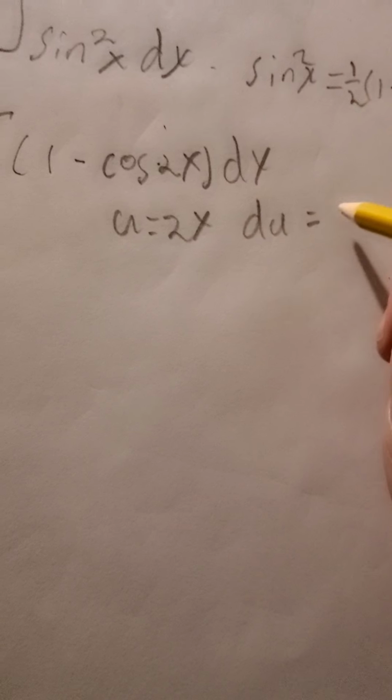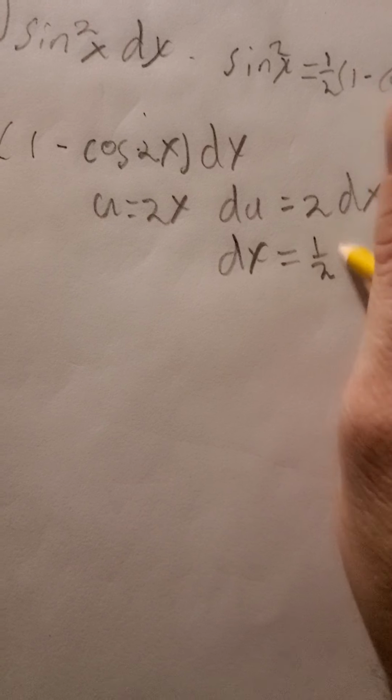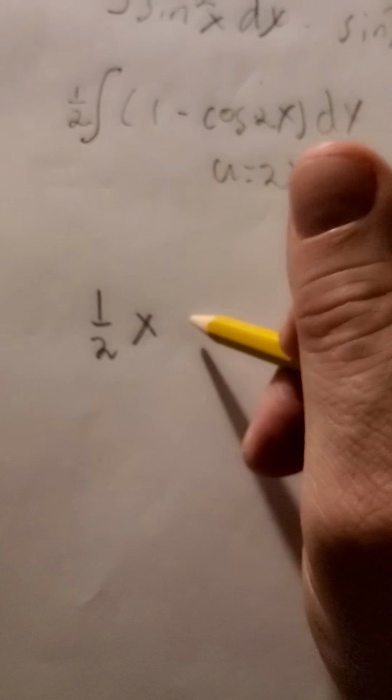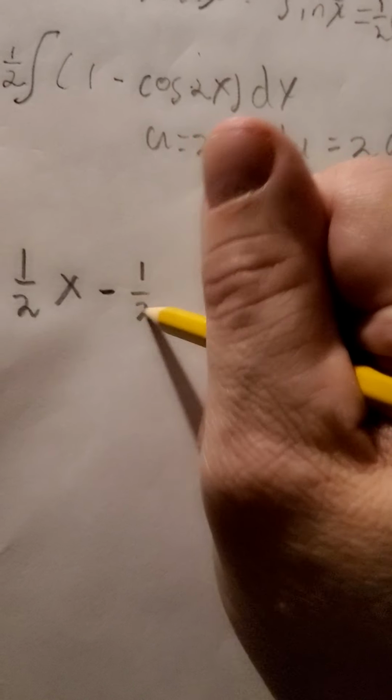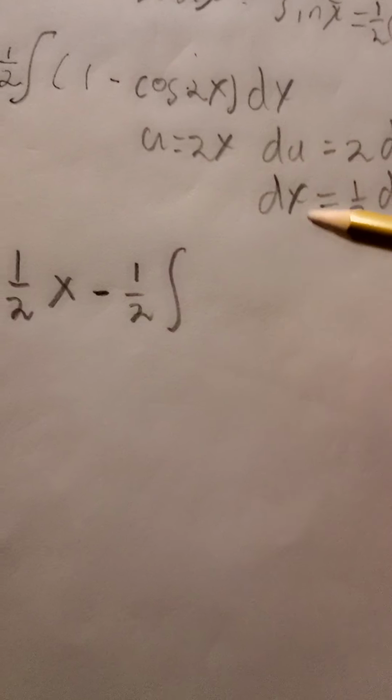dx. I'm going to set u equals 2x, du equals 2 dx. Okay? So then I'm going to have dx equals 1/2 du. Okay? So I'm going to integrate straightforward. So I'm going to have 1/2 the integral of 1, which is just x, minus 1/2 the integral of this.